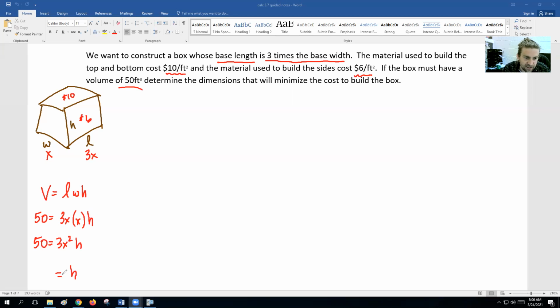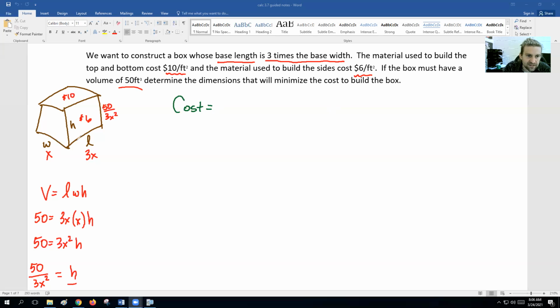We can figure out that the height would have to be 50 divided by 3x squared. Okay, so now what we have here is basically the width is in terms of x, the length is in terms of x, the height is now in terms of x. What we actually want to minimize is the cost.